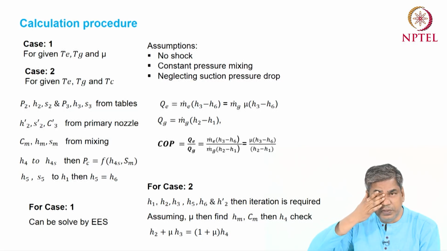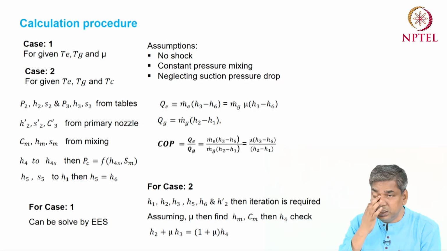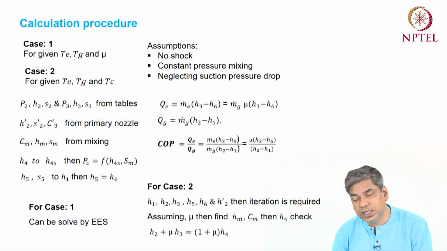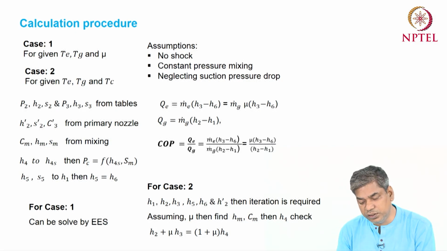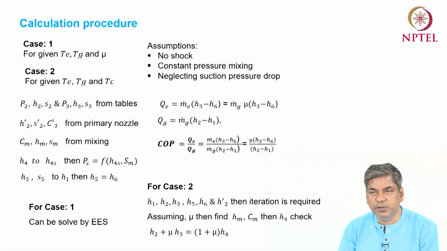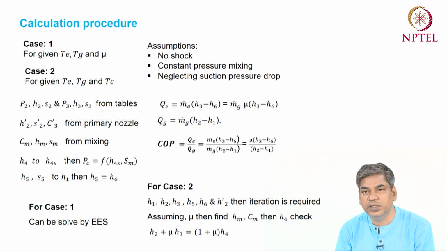So if you want to match this, the enthalpy at the outlet of the diffuser we can get by step calculation. That means first the nozzle, then the mixing section, then the diffuser, and then we get one enthalpy value after the diffuser. Another thing is that we can match this enthalpy with the overall energy balance of the ejector. That means H2 plus mu H3 should be equal to 1 plus mu into H4.